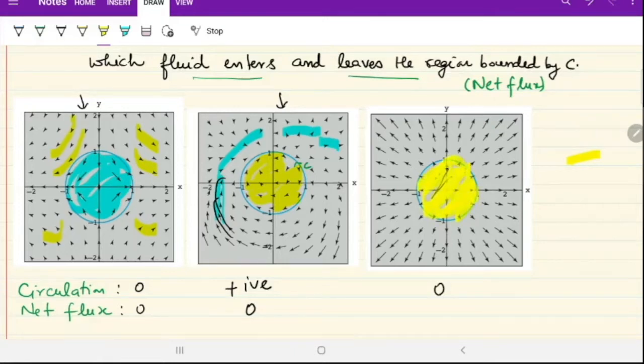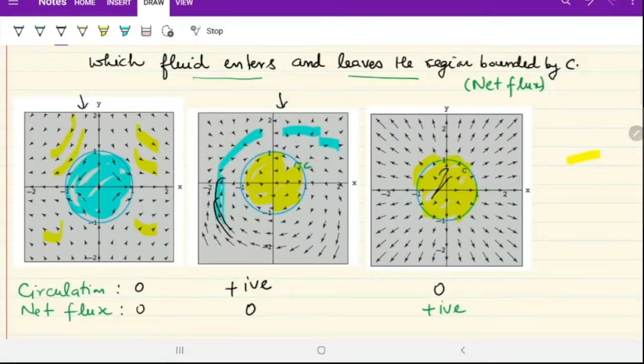And if you see, more amount of fluid seems to be going outside the region than the fluid that is coming inside the region. So whenever more fluid goes out of the region, net flux is positive. If more fluid is going inside the region, lesser fluid is coming out of the region, the net flux will be negative. So for this example, net flux is positive and circulation is 0.